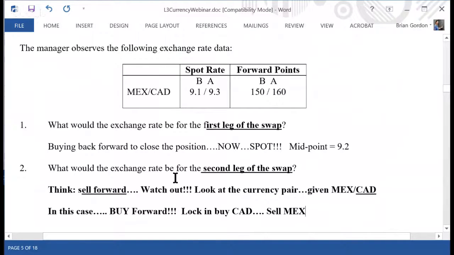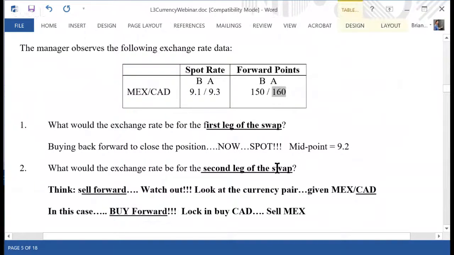Now, what exchange rate are we going to do? Well, we're going to use the midpoint of the bid and ask, and now we got to come over to the points. And remember, because we are buying the forward, we're going to buy at the ask. So we're going to use the ask points. This is what is really critical.